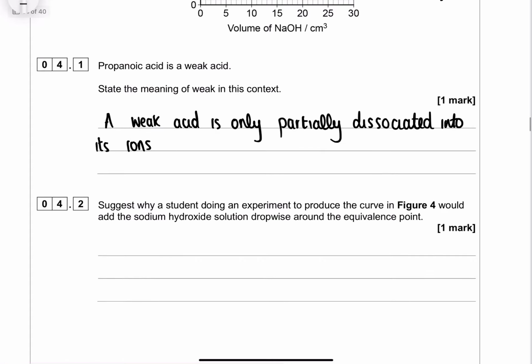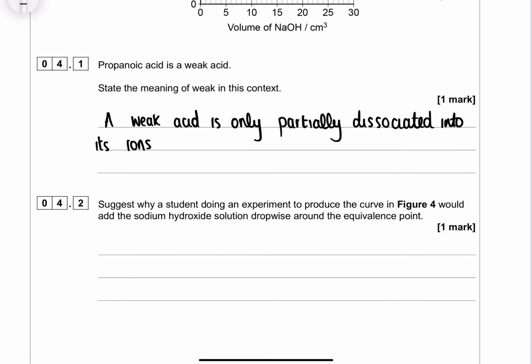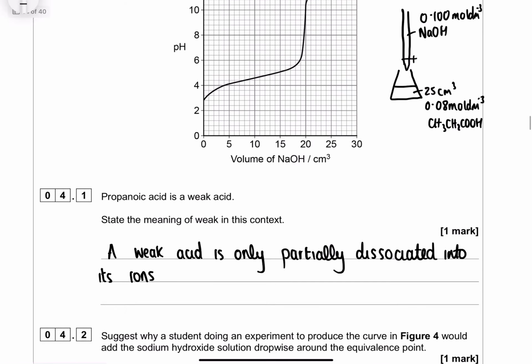Suggest why a student doing an experiment to produce the curve in figure 4 would add the sodium hydroxide dropwise here around the equivalence point. So why would we do it dropwise there?